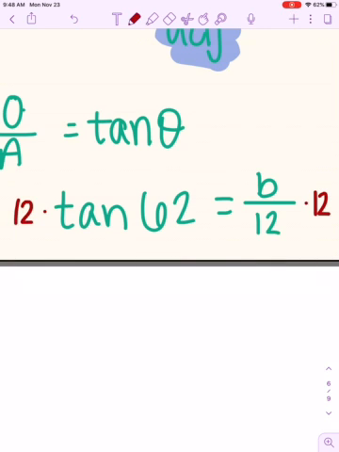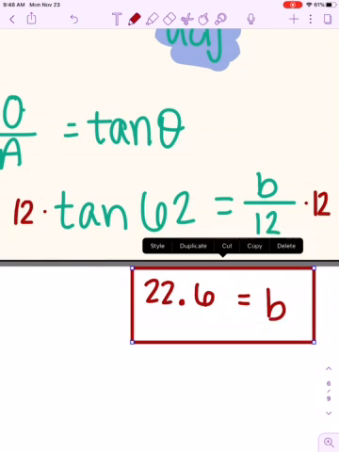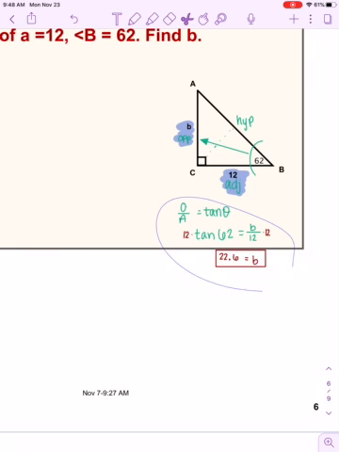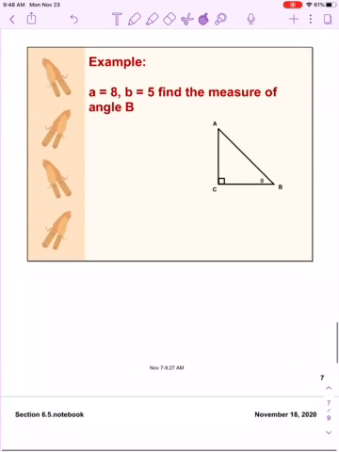So we just do 12 tangent 62. Since it's a side length, we're going to go nearest tenth, which is 22.6. And that's it. Because that was the side length, we didn't need a second tangent or anything else. So we figured out which function we needed to use, set up the proportions, and solved for what we didn't know.